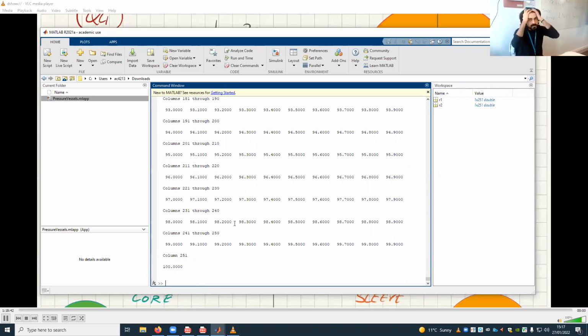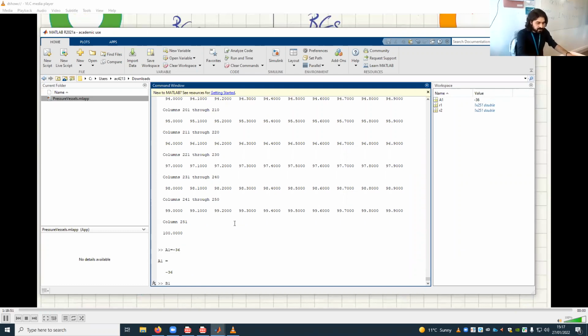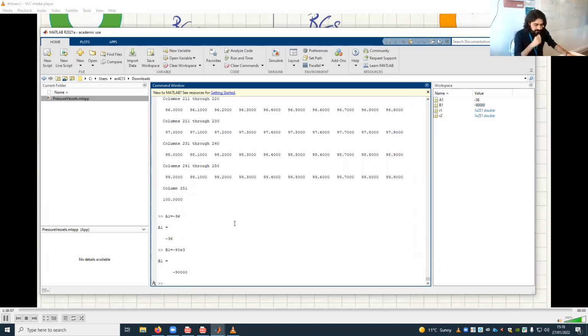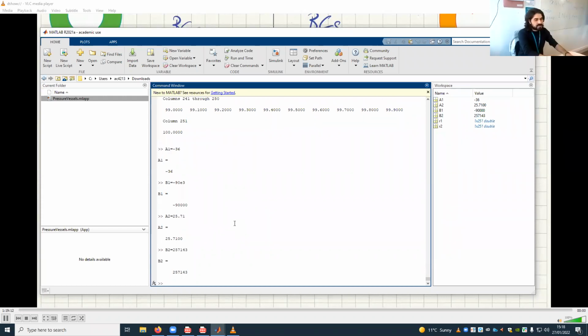Now I want A1 equals minus 36, B1 equals minus 90,000, A2 equals 25.71, B2 equals 257,143, and now I can find sigma R1 equals A1 minus B1 divided by R squared.